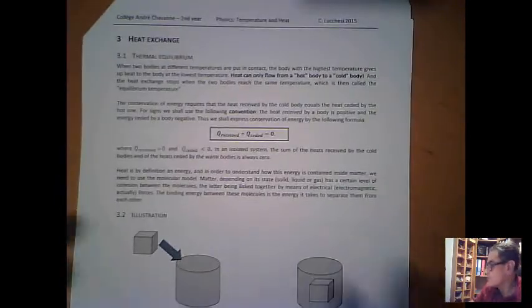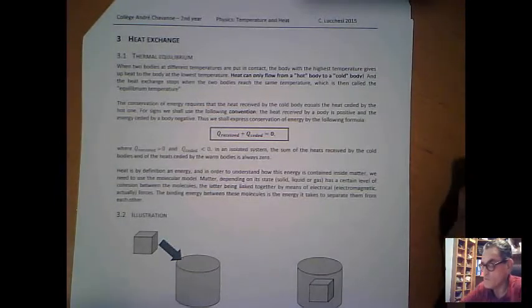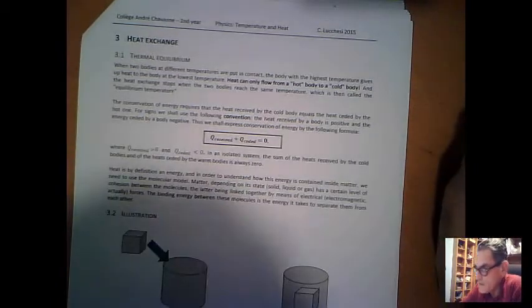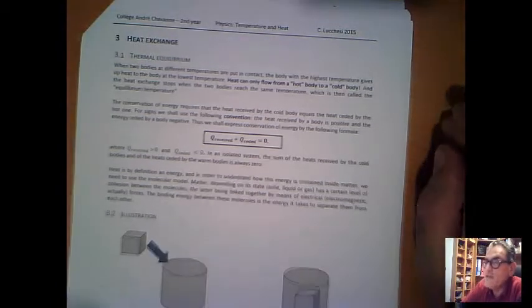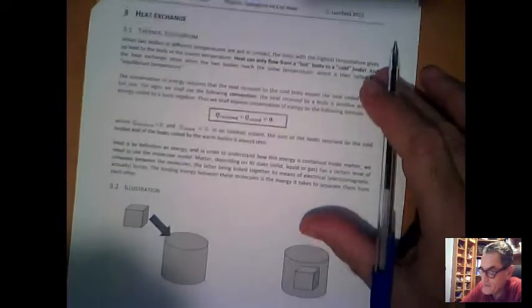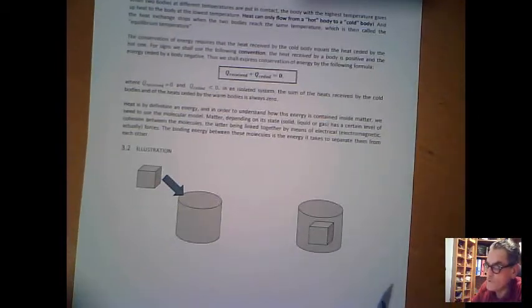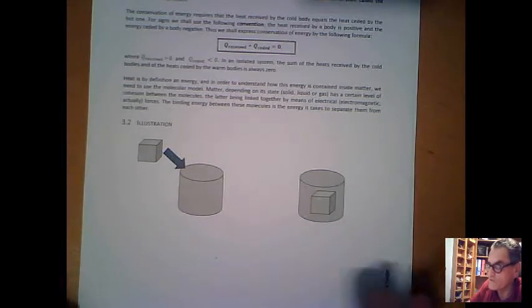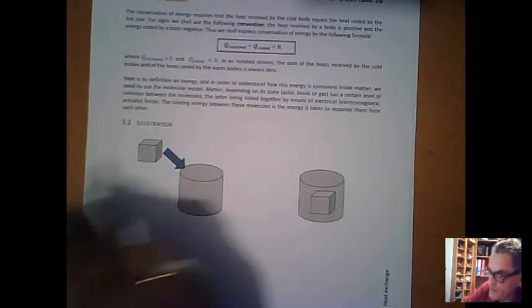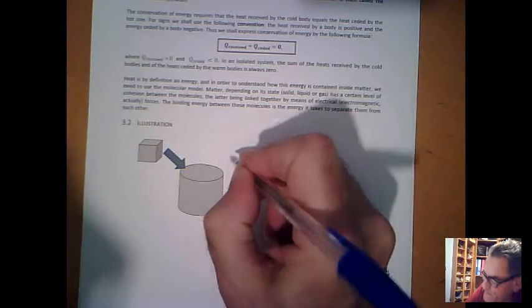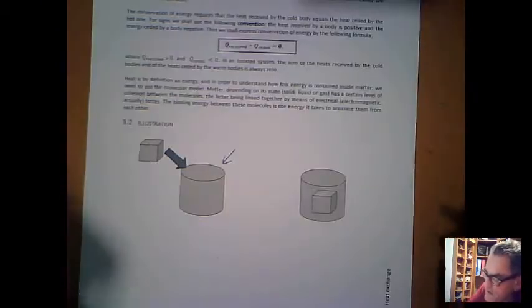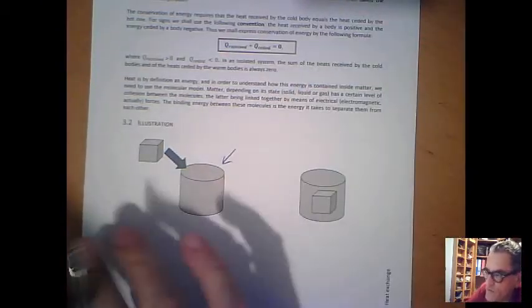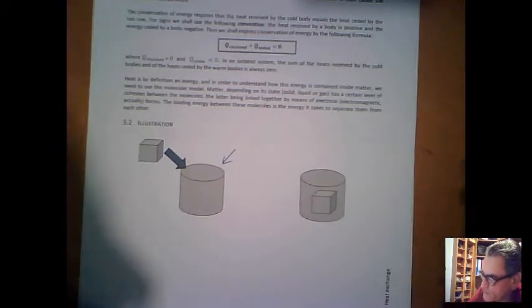And we start a new chapter, which is very close. It's a continuation of what we were doing before. It's heat exchange. In other words, what we are going to do here is to try to solve this kind of problem. We have a certain quantity of water.